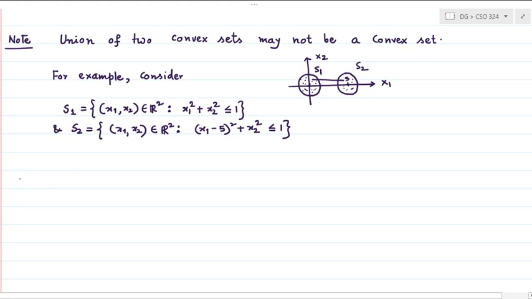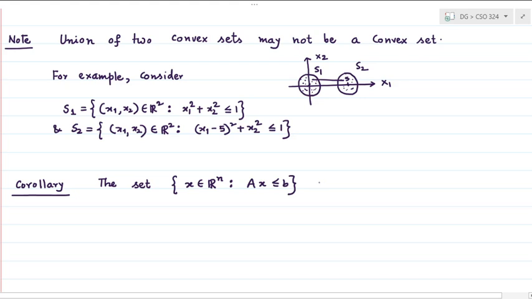So as a corollary to the result that the intersection of two convex sets is convex, we can prove the following as a direct corollary: the set of all points x belonging to R^n such that you have finitely many linear inequalities, Ax less than or equal to b.